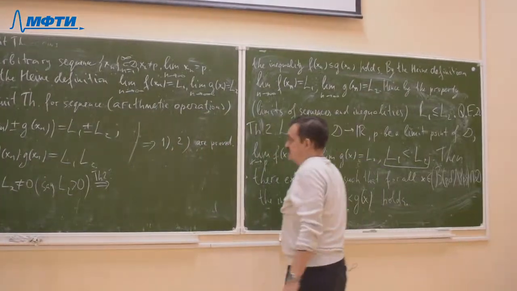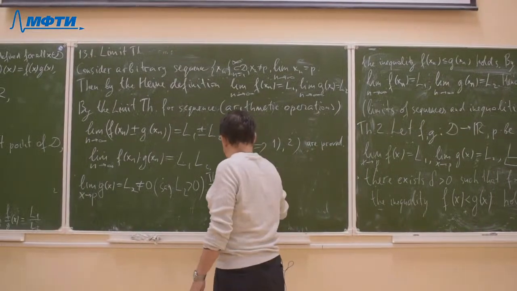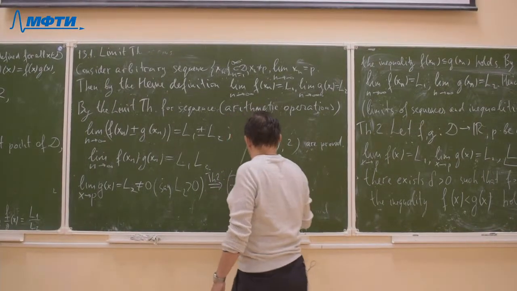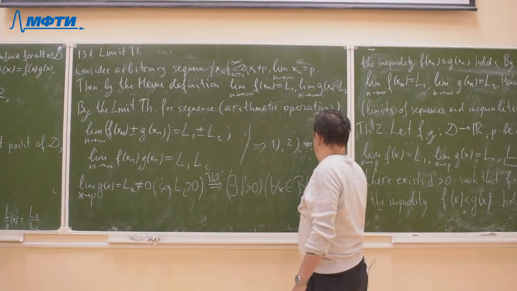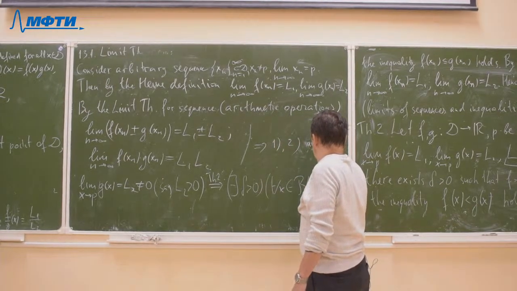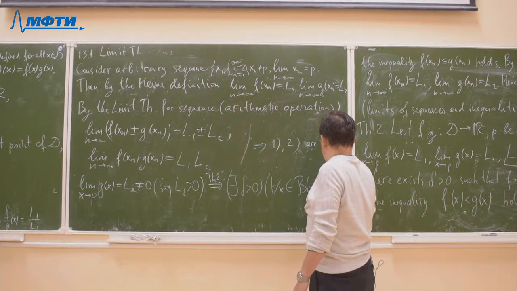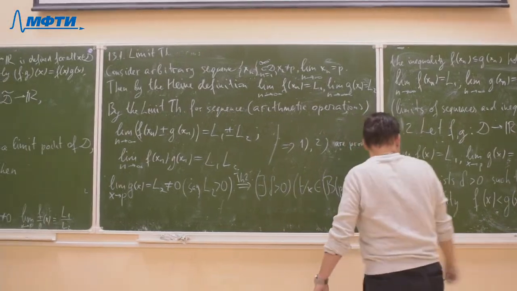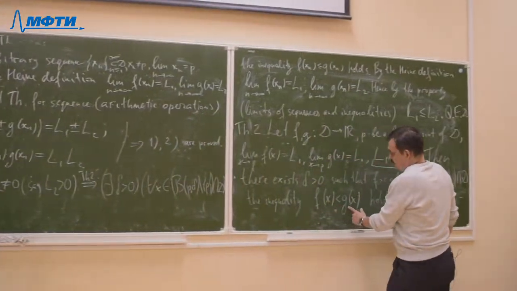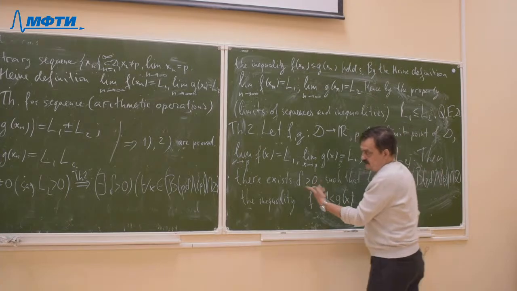So, by Theorem 2, what we can deduce? There exists delta greater than 0, such that for all x in B of P delta without P intersected with D, we have a similar inequality, so g of x is greater than 0.